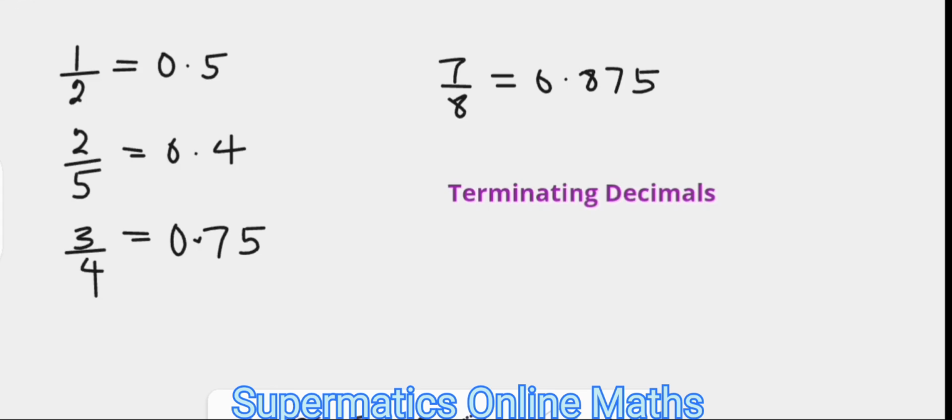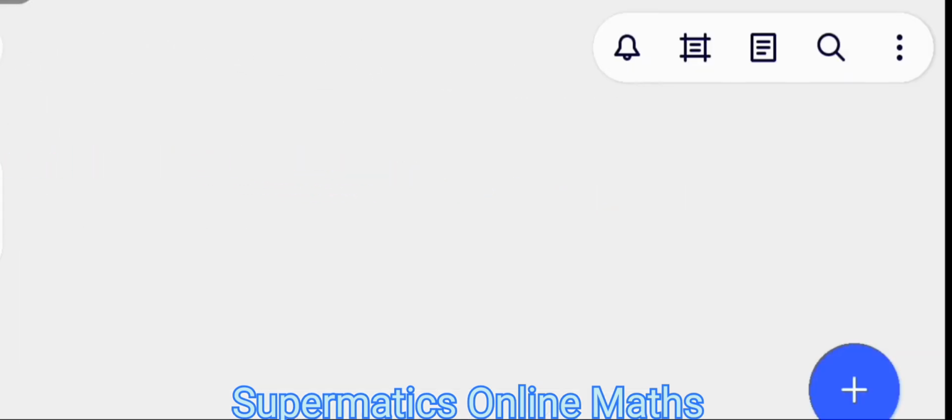There are fractions, however, that do not terminate when we convert them to decimal fractions. Let's take a look at some of them. Two over 3 is 0.6666 that continues indefinitely, so we can do 3 dots, the ellipses, to show continuity.